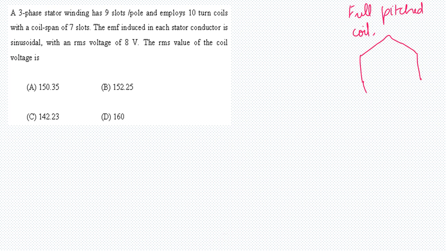So here each coil has 10 turns, and each conductor has 8 volts of induced voltage. If you look at this coil, if it is a full pitched coil, then the voltage induced here is say some x volts.